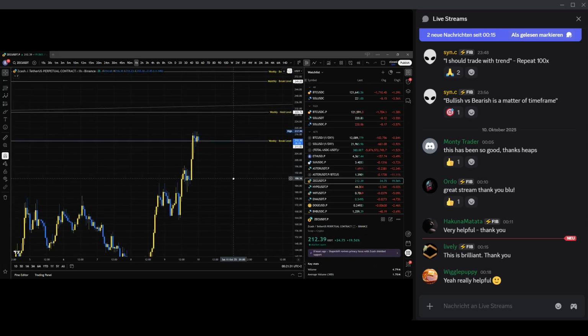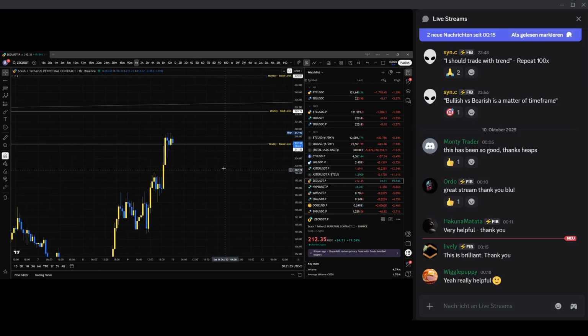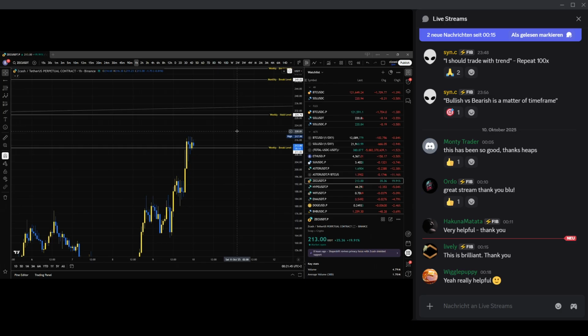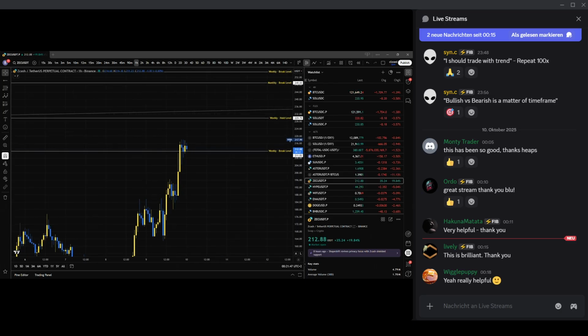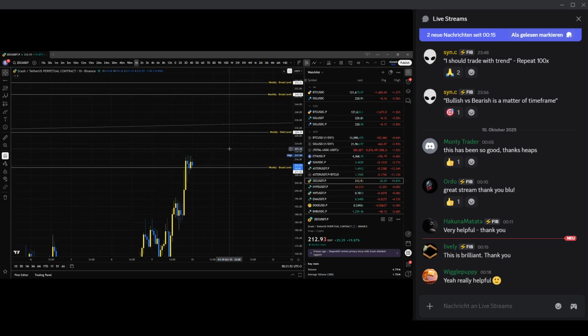Yeah, the Zcash thing, really wild. It could actually reject off that weekly break level after all, distributing here nicely. We'll see. I had a limit order on the top wick.